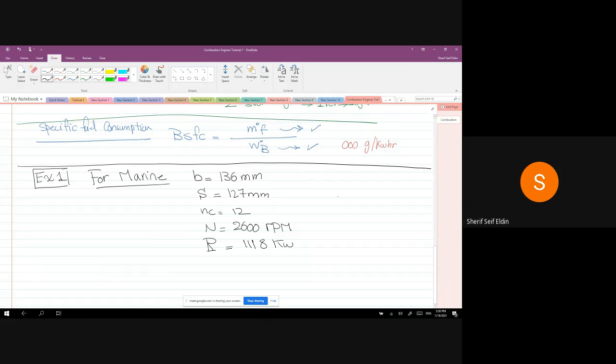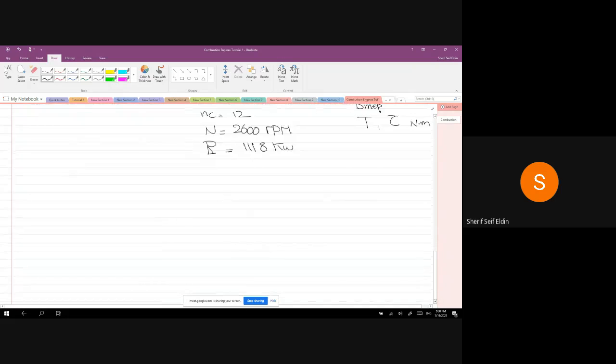He asks for the mean piston speed, brake mean effective pressure, and torque. All right, so for the first thing, mean piston speed.